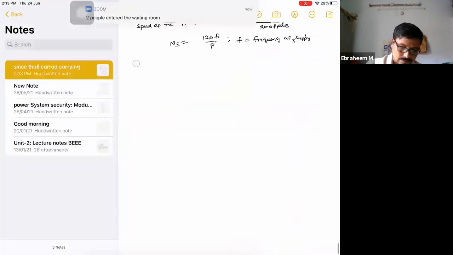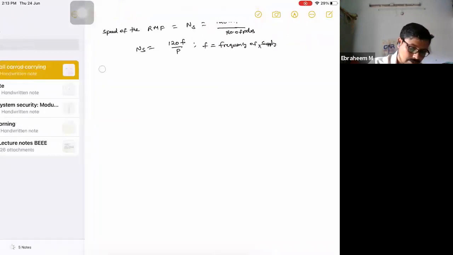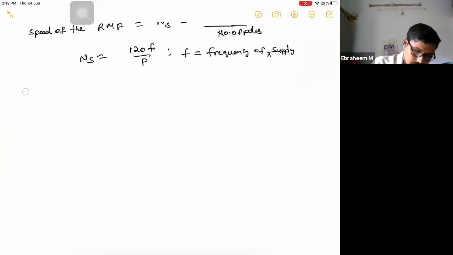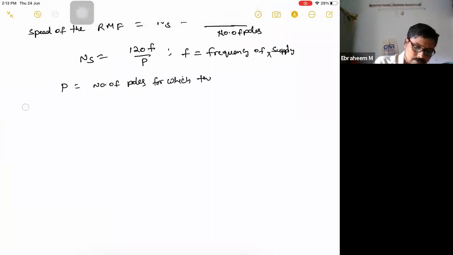P is equal to the number of poles for which the stator winding is done.